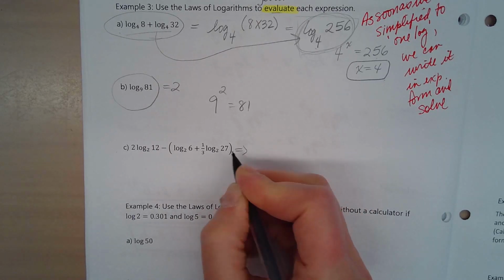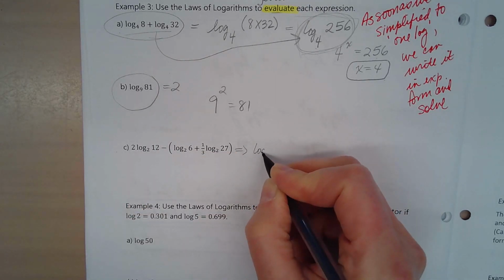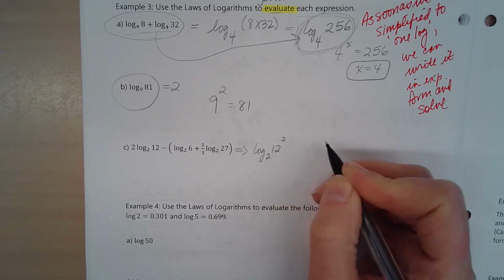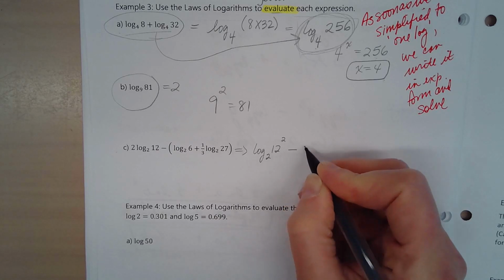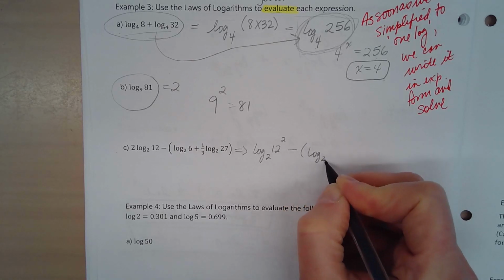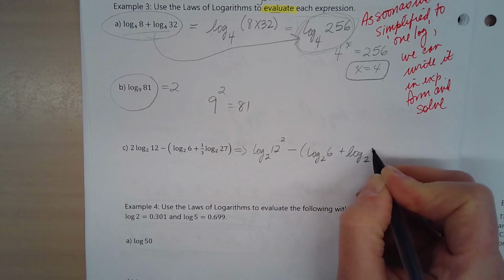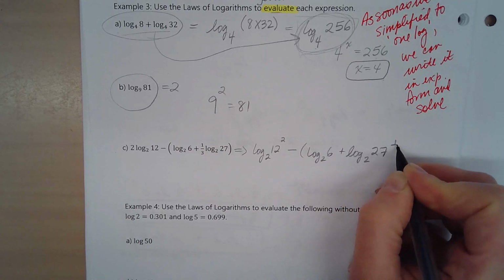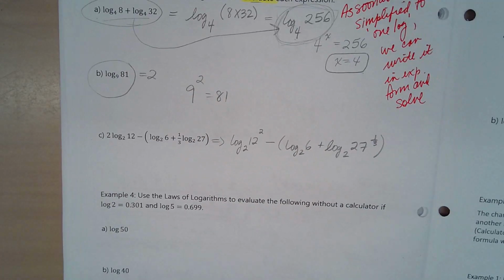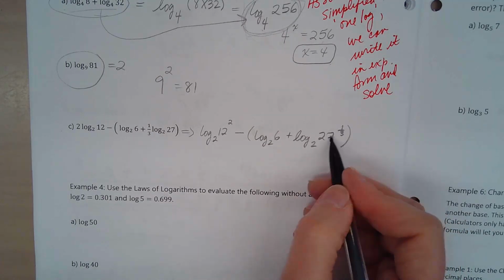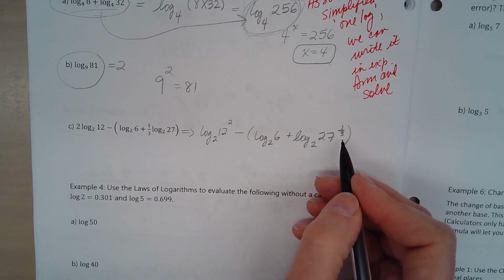So the very first thing I would do is rewrite this as log in base 2 of 12 squared, right? Minus log in base 2 of 6 plus log in base 2 of 27 to the third. It's 3, right? Simplify. Yeah, this is 3. I think I would simplify that to 3 as well.